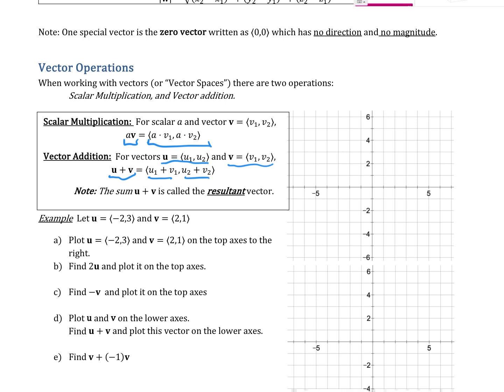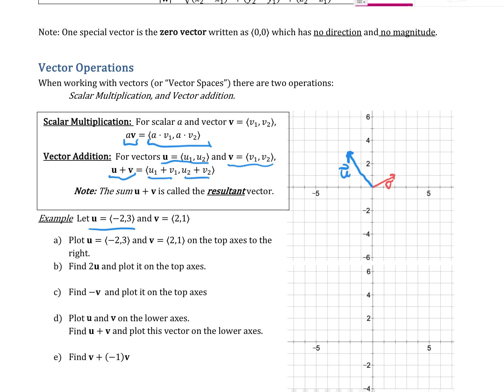So let's try it out here. If we have u at negative 2, 3, so let's graph u at negative 2, 3. There it is. And we have v at 2, 1, and there's v at 2, 1. We'll label those like that.